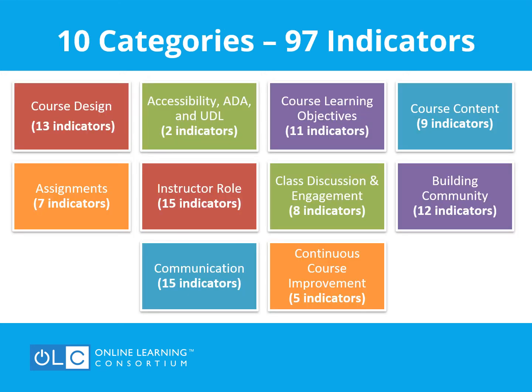There are 10 distinct categories with anywhere from 2 to 15 indicators in each category.